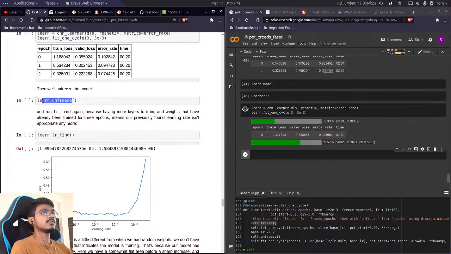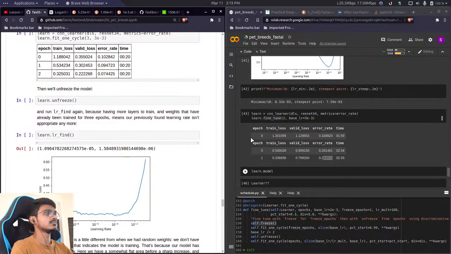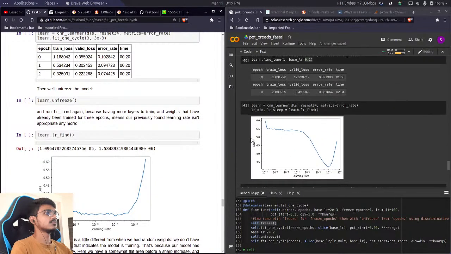So after unfreezing, we have to call lr_find again. But in this case, we called it directly after the CNN learner.